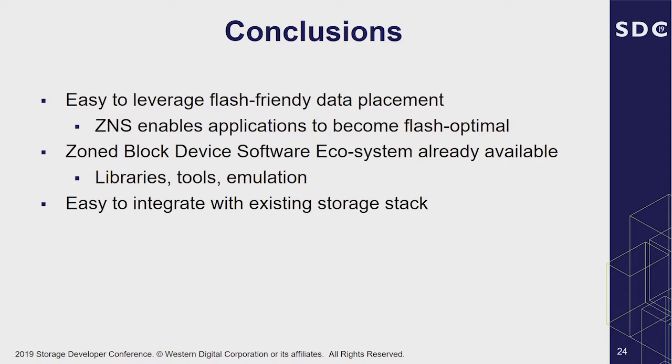This was not rocket science to do, since we had the zone ecosystem already available, and this has already been done for SMR. We have libraries, tools, and emulation, so it's easy to get started and easy to add the support missing for CNS.